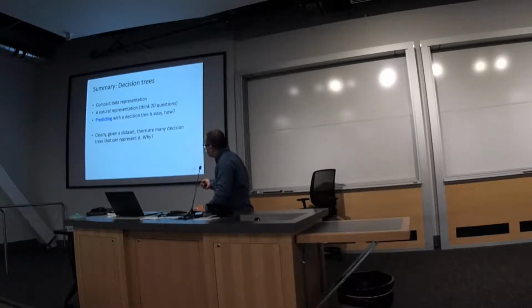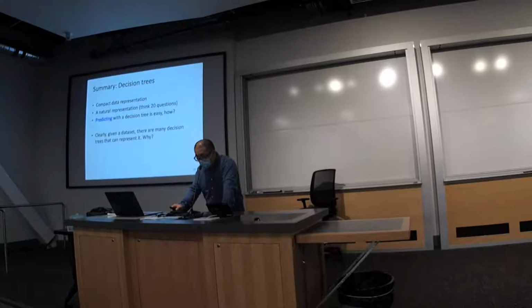Okay, then we can think of this last question, right? Actually, many of you have pointed out this issue, right? Even from a manual constructing experience, we know that given the data, there can be many ways to construct the trees, right? Why? Because there are many orders of the attributes that can be used.